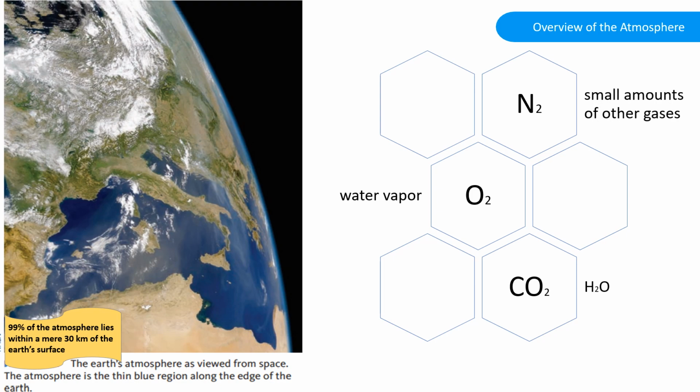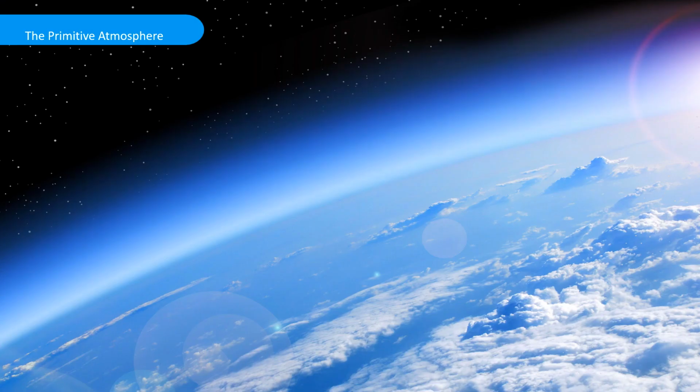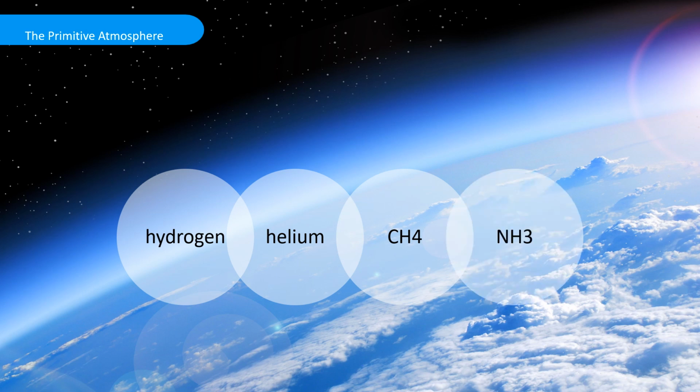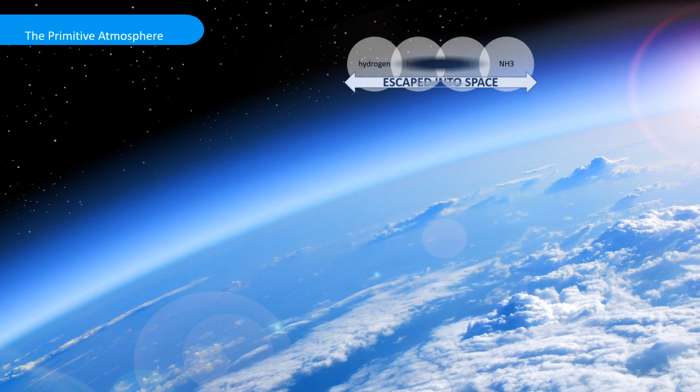Now going back to the composition of the primitive atmosphere, or what we call the early atmosphere, we have hydrogen, helium, methane, and ammonia. The early atmosphere was composed of these gases, and yet it was recorded to have escaped into space.